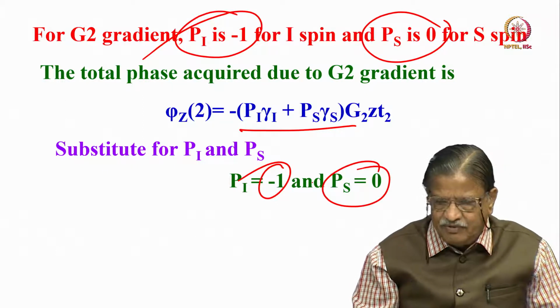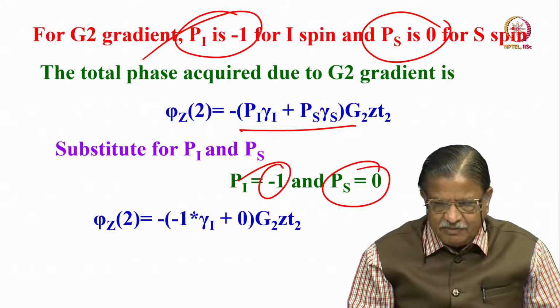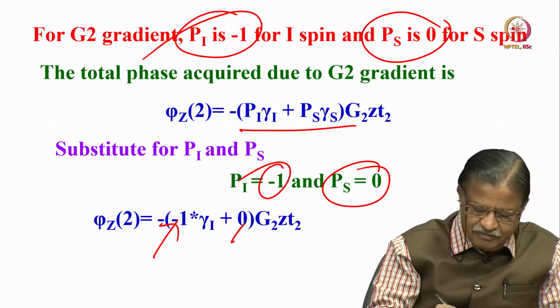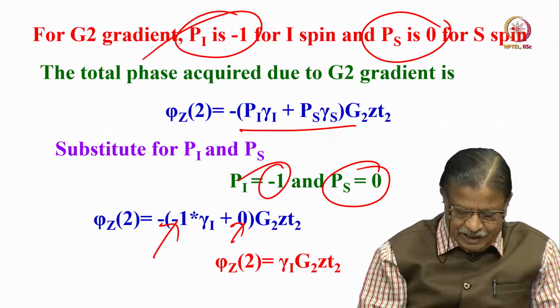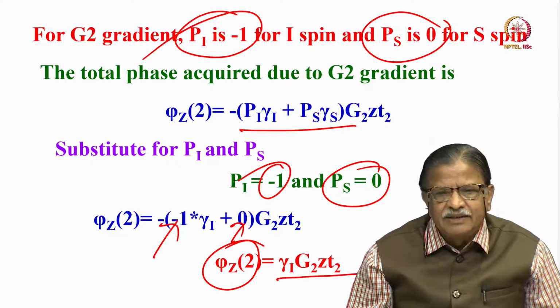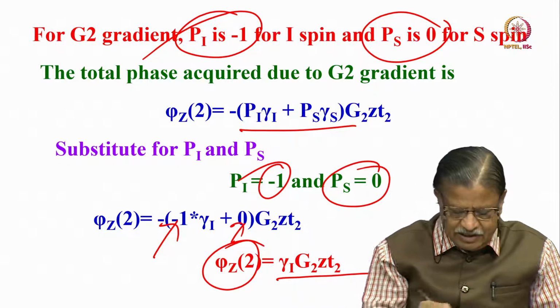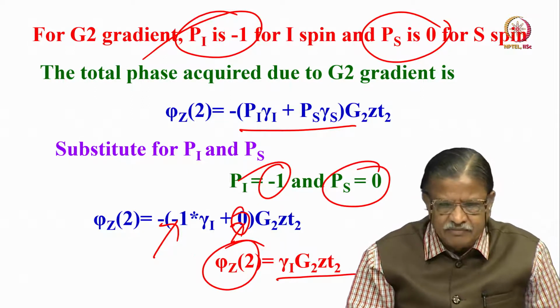Previously it was +1 for G1, now for G2 it is 0. Simple arithmetic. Plug in these values here. Phi z2 then turns out to be gamma I G2 z t2. The gamma S term does not come into the picture here at all.